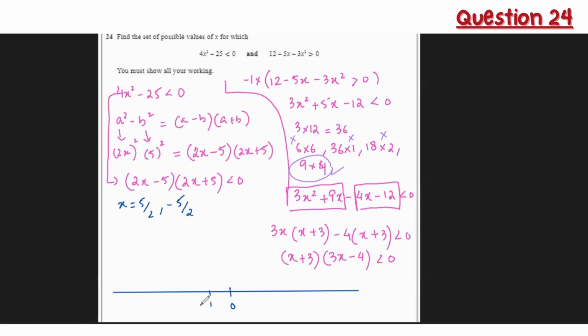So 1, 2, 3, and negative 1, negative 2, negative 3. So this is our negative and positive 2.5. The two values are going to be in this range.